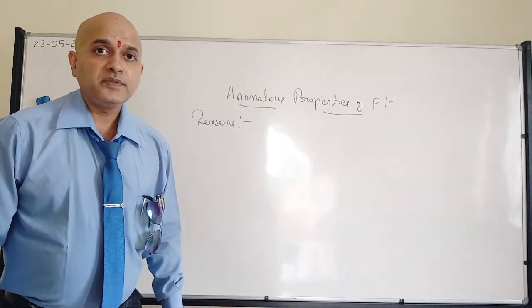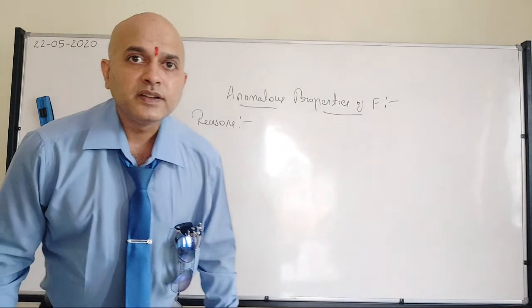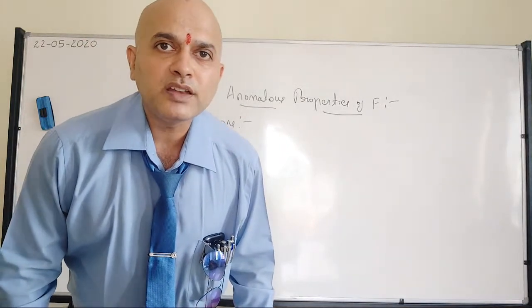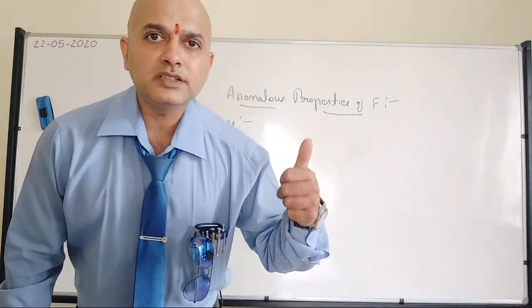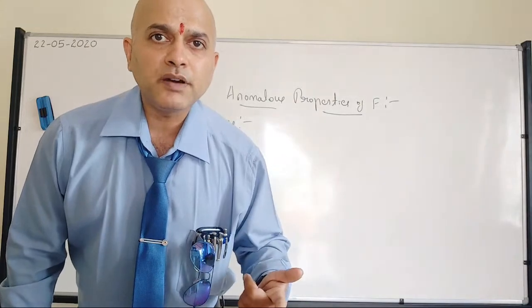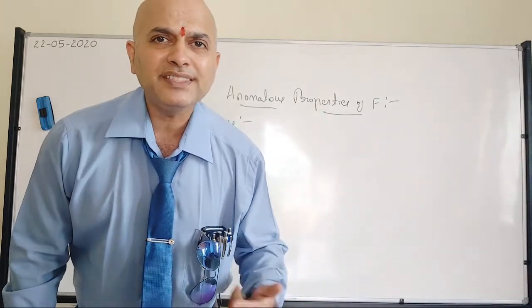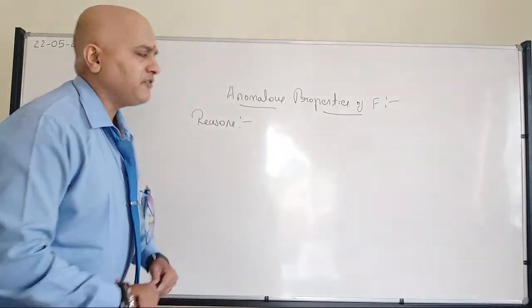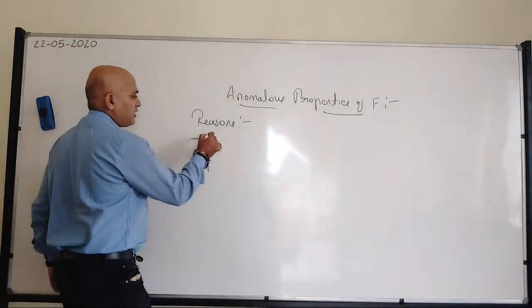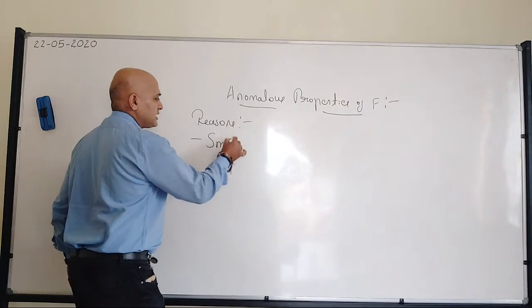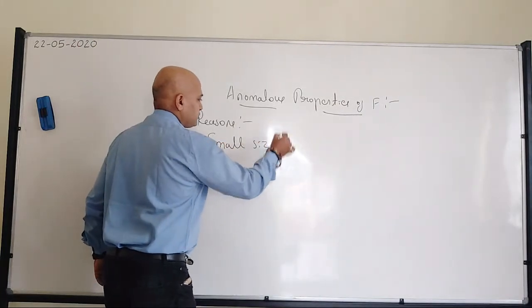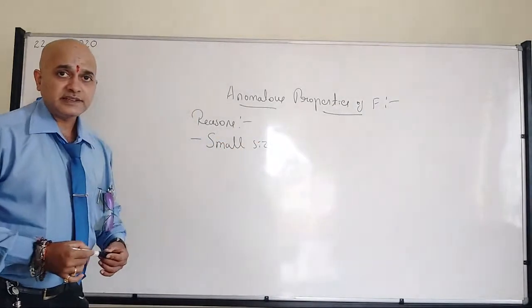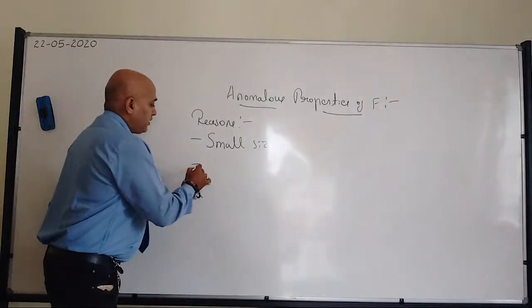What is the first point? Smaller size. Kritik, very good. Purnima, very good. Bhavani, I am not getting what you have written. Okay, very good, all of you. First point should be small size. Due to small size. Right? Okay.